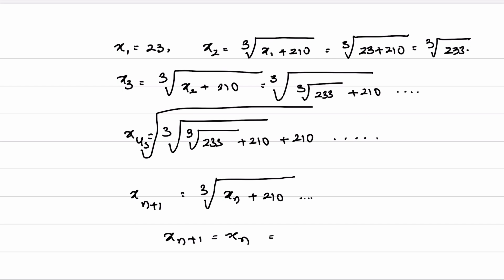Let this value be a. Then how can I write the equation? x(n+1) is equal to the cube root of xn plus 210.